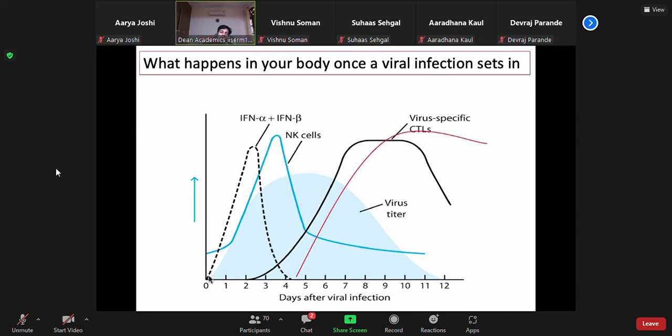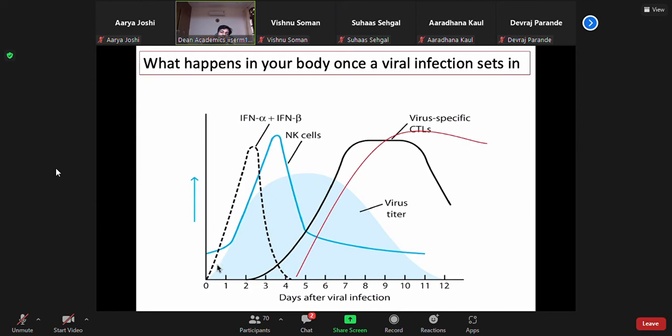Very quickly following this infection, type 1 interferons are induced. After that, you have the activity of your NK cells. They start expanding in numbers, reach a peak, and eventually there is contraction, and then you're left with a pool of these cells.